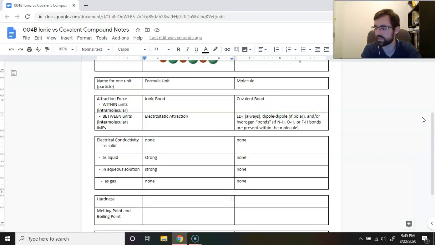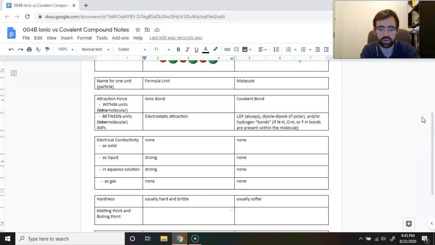What about hardness? We say that ionic bonds are usually hard and brittle. With a covalent bond, it's usually softer, and it's a little more malleable or moldable.